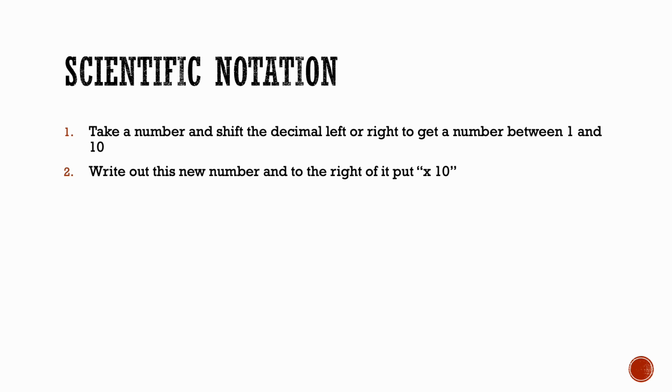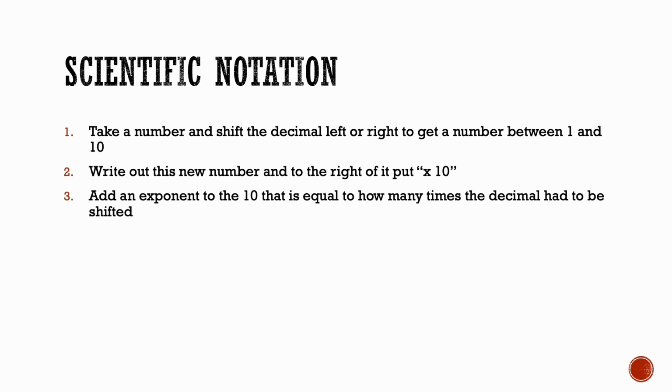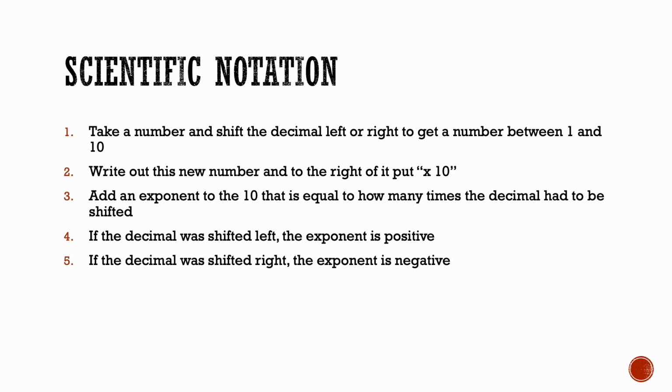The exponent on that will be equal to how many times we had to shift our decimal place. Now, the sign of our exponent is going to depend on which way we shifted our decimal place. If we shifted our decimal place to the left, our exponent is positive. If we shifted it to the right, our exponent is negative.